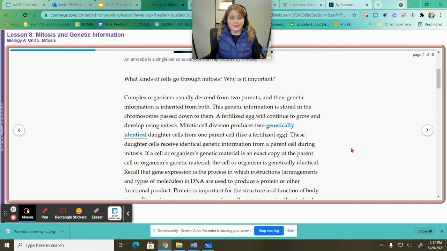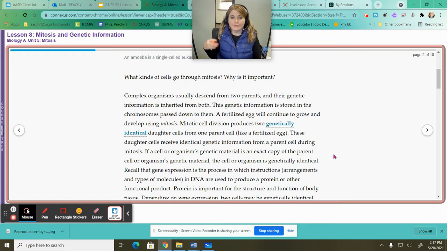So it talks a little bit about how complex organisms descend from two parents and their genetic information is inherited from both of them. A fertilized egg will grow and develop, and you'll be able to grow using the process of mitosis. The type of division that is used is mitotic cell division, to specifically refer to the fact that this is using the process of mitosis.